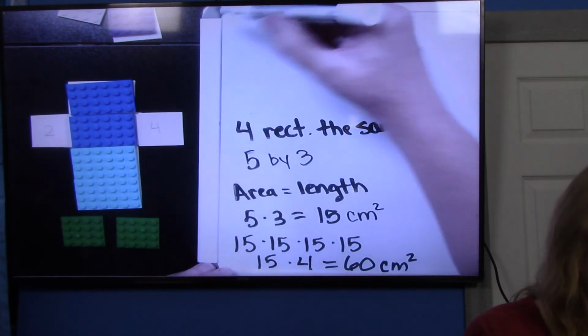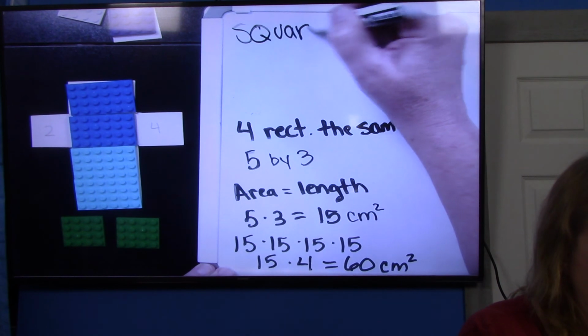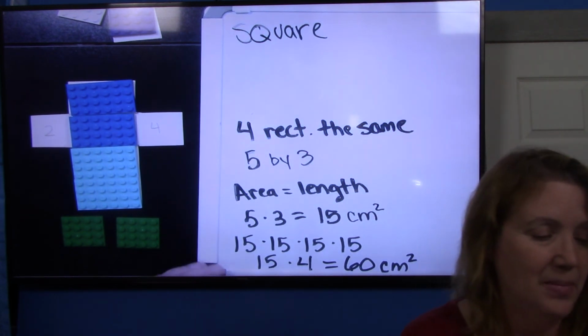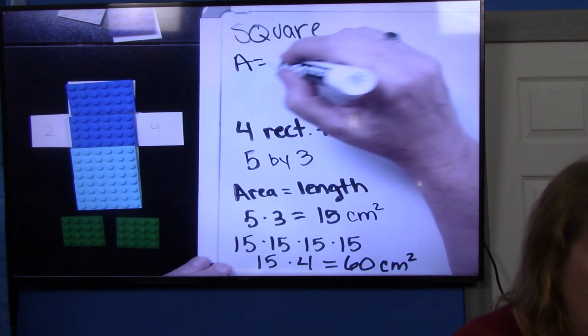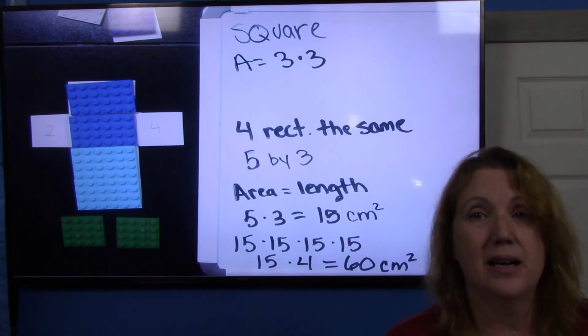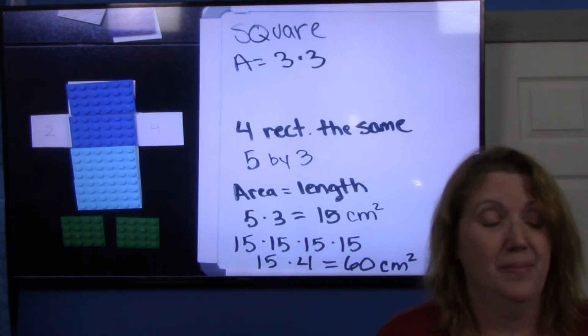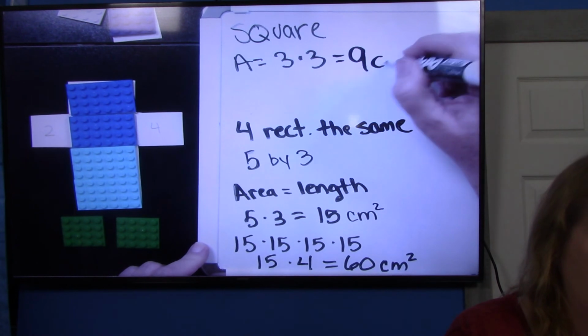So for my square, just like the last time, my area is going to be 3 times 3, side times side, because all my sides are the same. So I have 9 square centimeters.